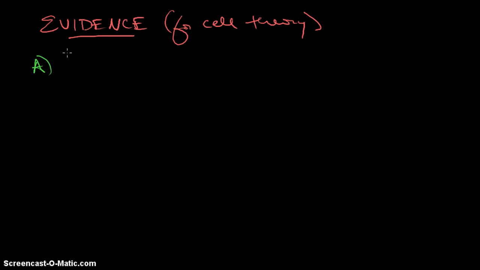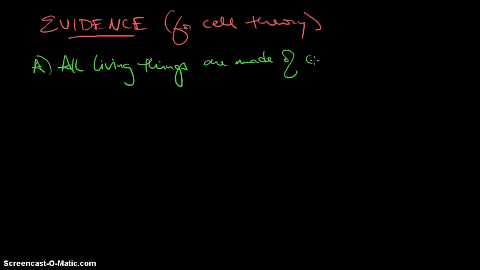And that first one is that all living things are made of cells. Well, at least one cell. Some things are just one cell. Well, let's talk about the evidence for that claim, because that is quite important to discuss. So, and that's what you need to be familiar with.